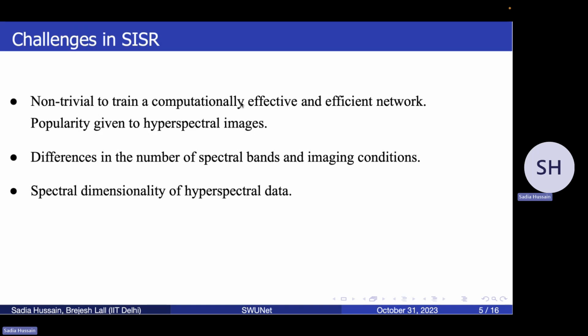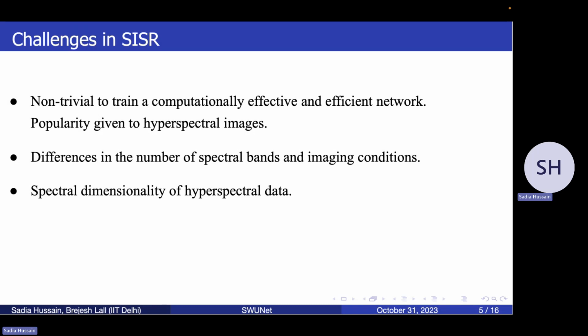But the challenges in single image super resolution are the non-triviality of training a computationally effective and efficient network. Given the popularity of RGB images, hyperspectral images are not as popular as their RGB counterparts. Because of that, there is a limited number of training samples for hyperspectral images. And once we have those limited samples, the differences lie in the number of spectral bands and the imaging conditions.